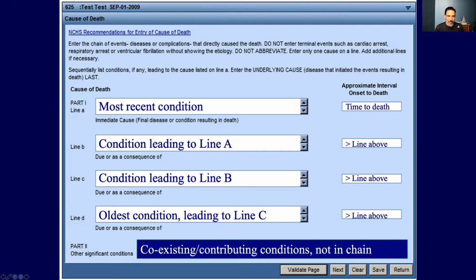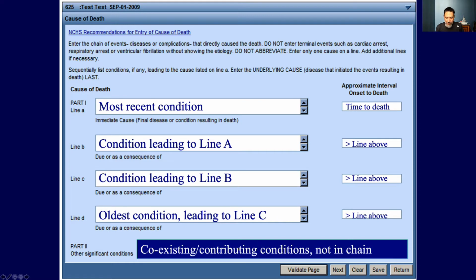What was the most recent condition, and which condition led to the above condition, and which condition led to the one before it, and then which is the oldest condition leading to the one above it. And then part 2 includes other significant conditions, other coexisting contributing conditions, maybe not the direct cause of immediate death, but something that contributed to that.